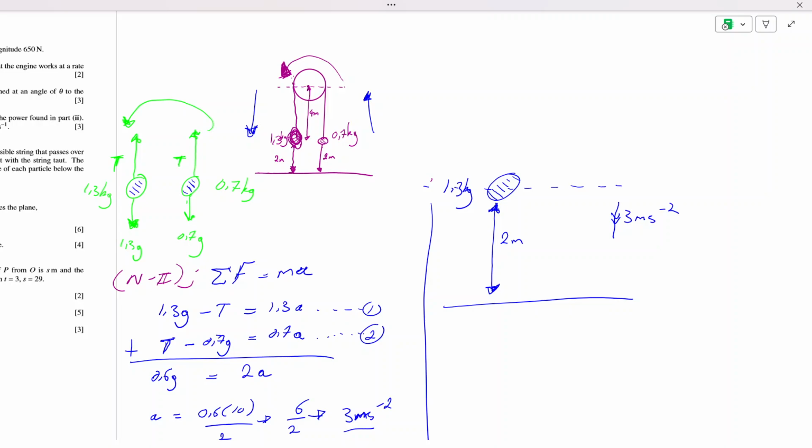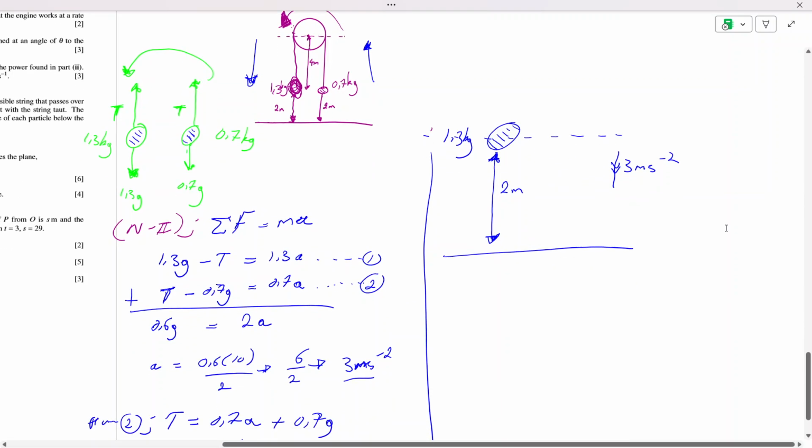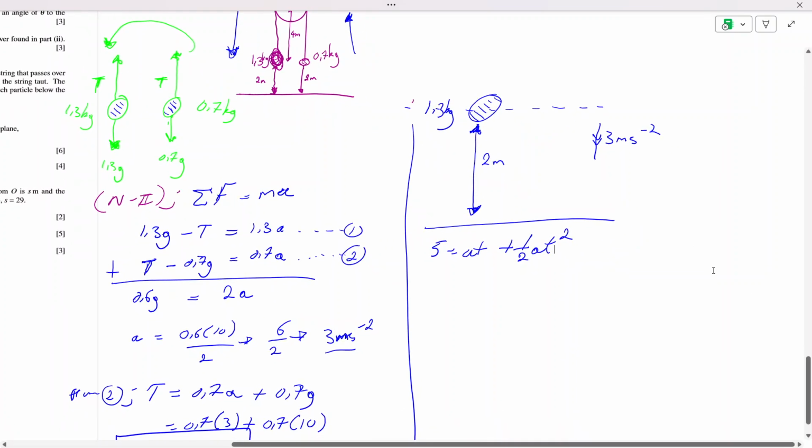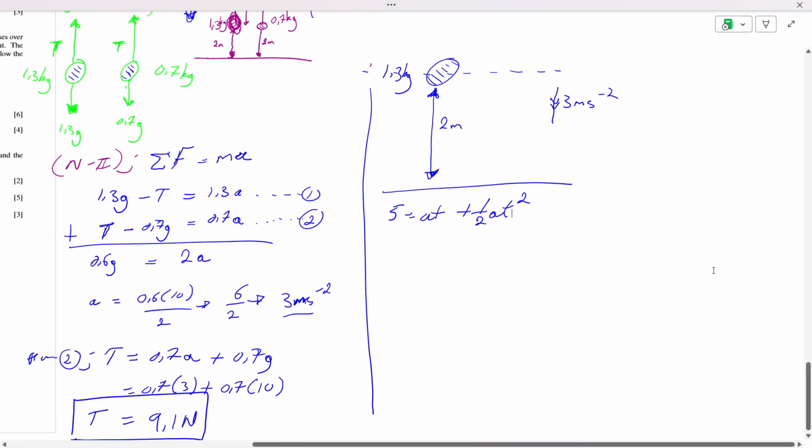Like that. So I'm going to use the SUVAT equation. The acceleration is constant, so I'm going to use the SUVAT equation to find T. The equation is s equals ut plus half at squared. Remember, you can use SUVAT equations as long as the acceleration is constant. Once the acceleration varies, that means you're probably going to use calculus, right? And then we know that it starts off at rest, so u is 0.